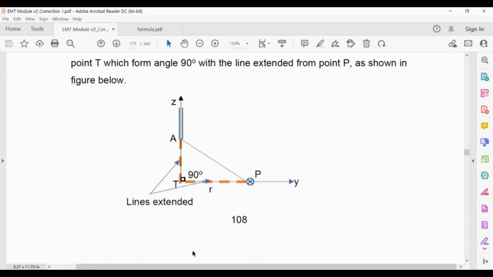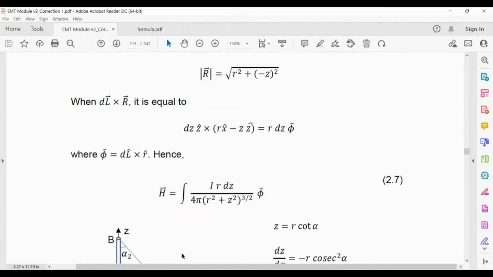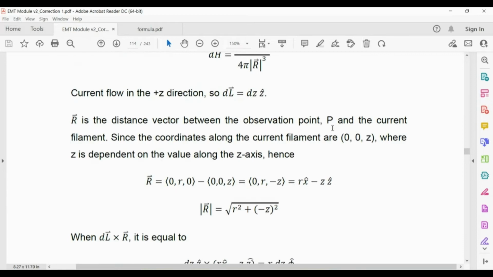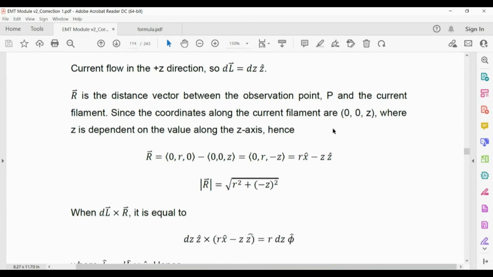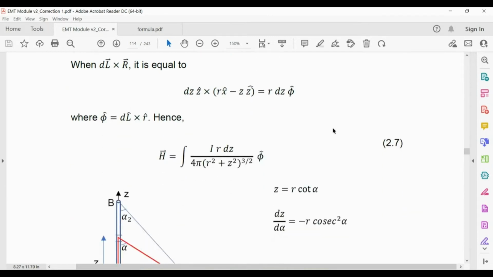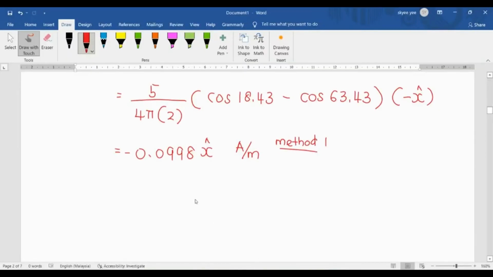What is the equation that we are going to use? We should actually start from here, with the equations. Let's see how we can do it. So this is method 2.